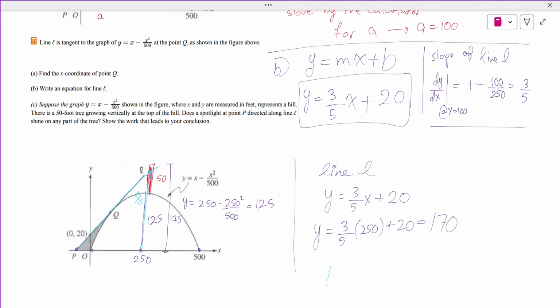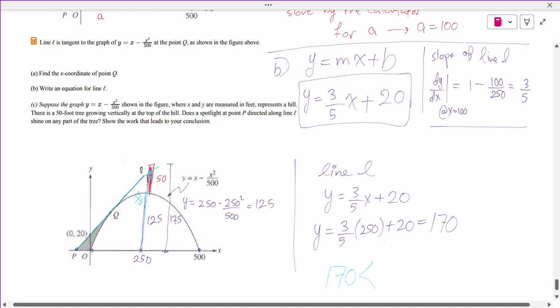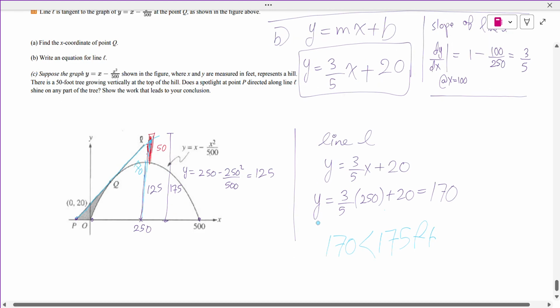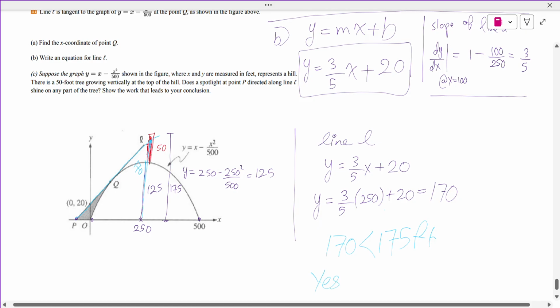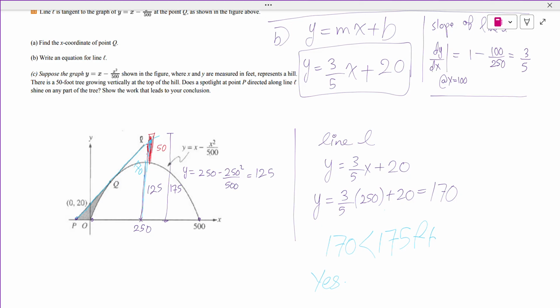So 170 is less than 175 feet. So the answer will be yes, because 170 is less than 175. That's it for this question.